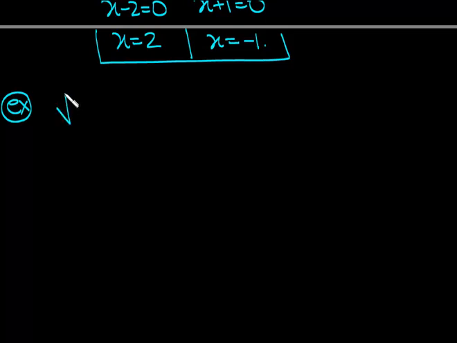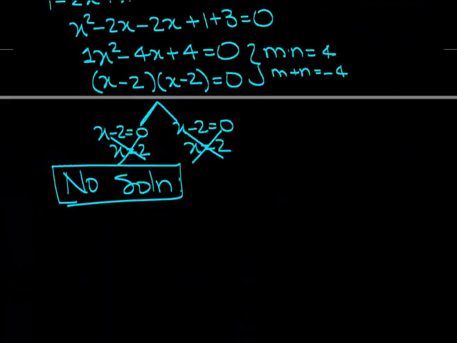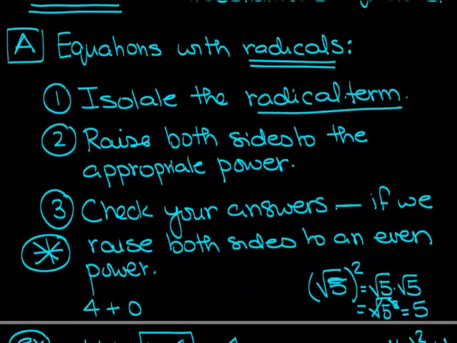Okay. So I have square root of x plus 7 minus square root of 3 minus x is equal to negative 2. Now, how did we solve a problem with one radical? What was our game plan? Our game plan was to isolate the radical term. Now, clearly I've said singular, not plural.